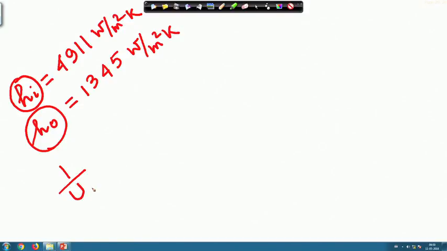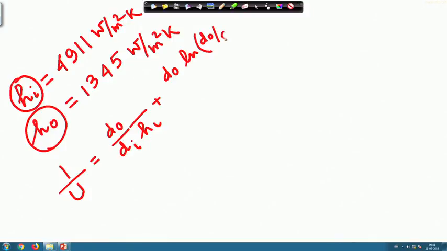1 by U is equals to 1 by, this is in terms of the external diameter, d_o by d_i by h_i, plus d_o and then ln d_o by d_i, where we are taking care of the resistance of the wall, and this is the thermal conductivity part of it.